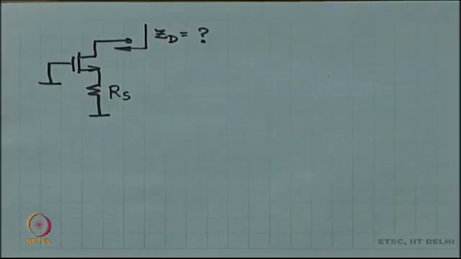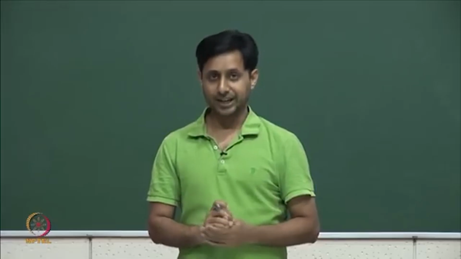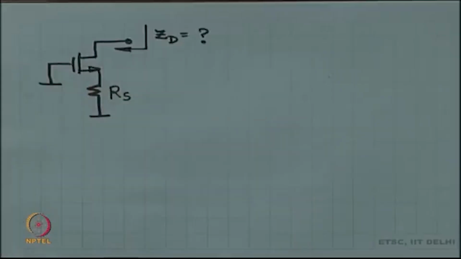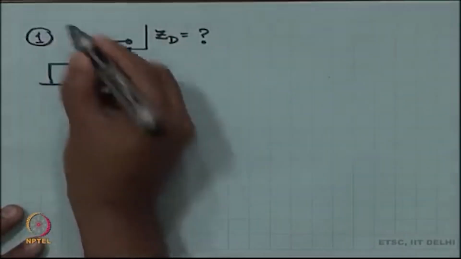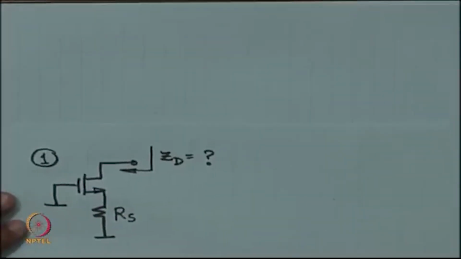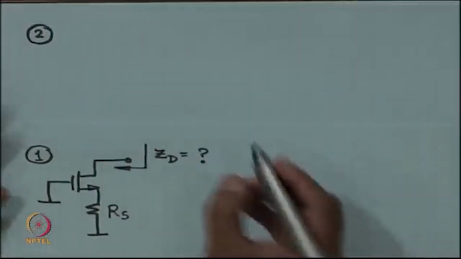was this. Looking into the drain when the gate is terminated to ground, when the source is terminated through RS to ground, what is the impedance? This was one question, and a second question which looked exactly similar was this.